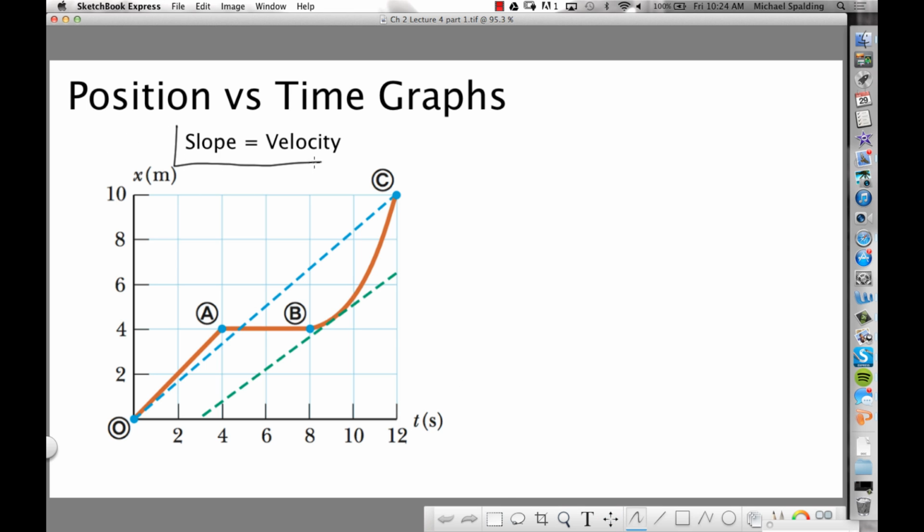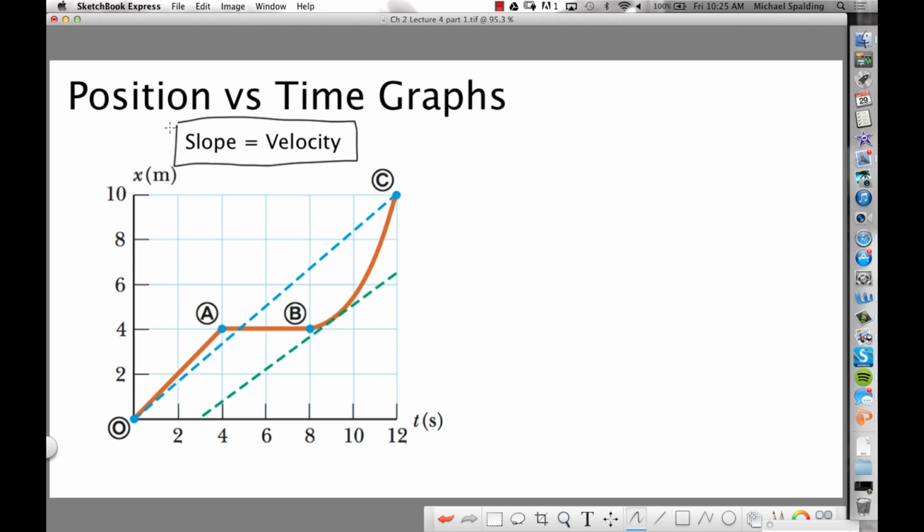Slope equals velocity. Now, what I don't want you to do is memorize that. I don't want you to make a flashcard that says position time graph slope is what, and you just pull out "velocity" the way you would for a vocabulary word.